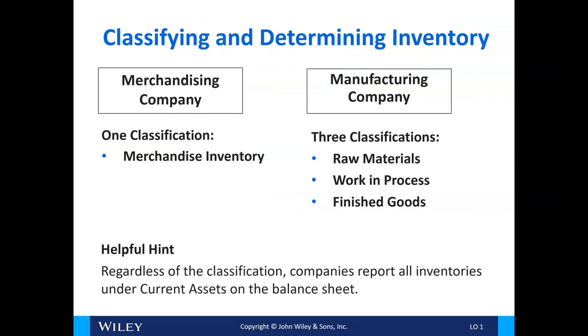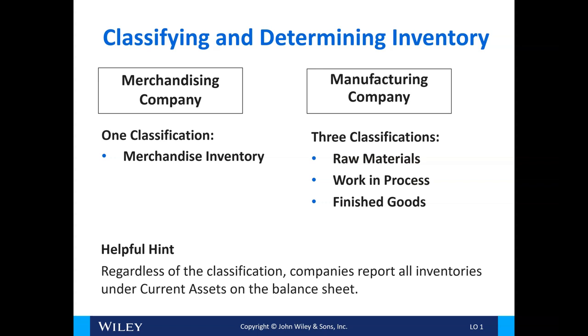But you would have wiring, you would have fuses, you would have lights, you would have steering wheels, different parts of the engine or the transmission, the radiator, spark plugs, etc. And so those are all raw materials. At the end of the month, you would inventory what those are. So those are just sitting there waiting to be worked on.